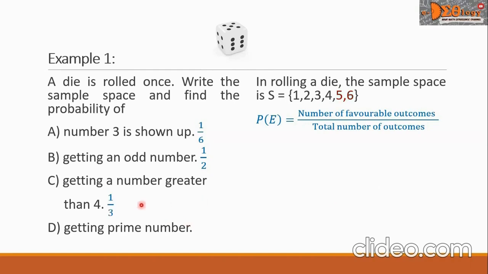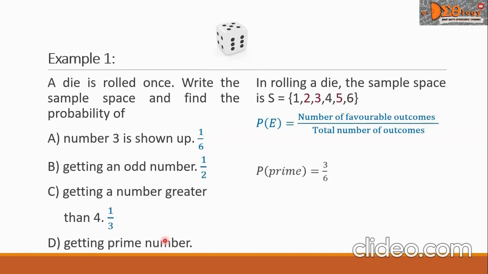There we go. Then let us proceed with problem D. The probability of getting prime number. So we write P of prime. In our sample space, there are three prime numbers, namely 2, 3, and 5.